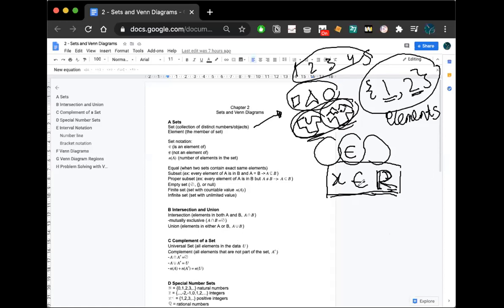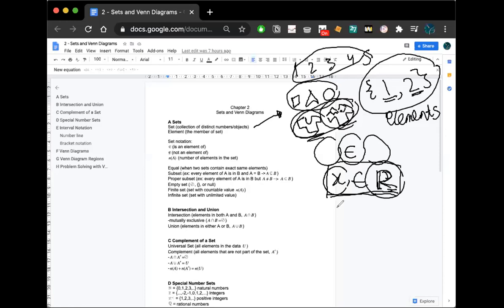So in this case, we can say that this particular element can be any real number.